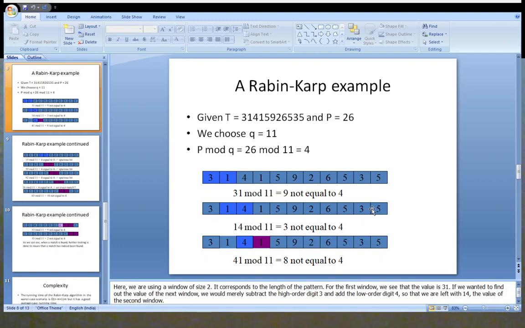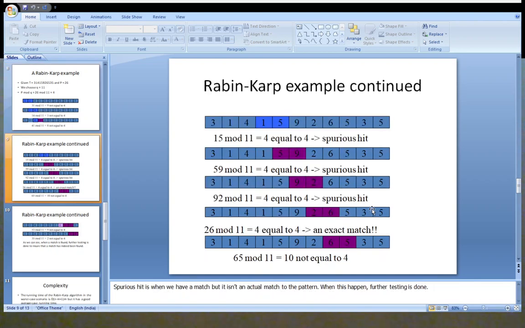So we removed 3 and added 4. The next number is 14, and 14 mod 11 equals 3, which is not equal to 4. Again no match, so one-to-one matching will not be done. The next number is 41, mod 11 equals 8, which is not equal to 4. So we shall shift to the next position.